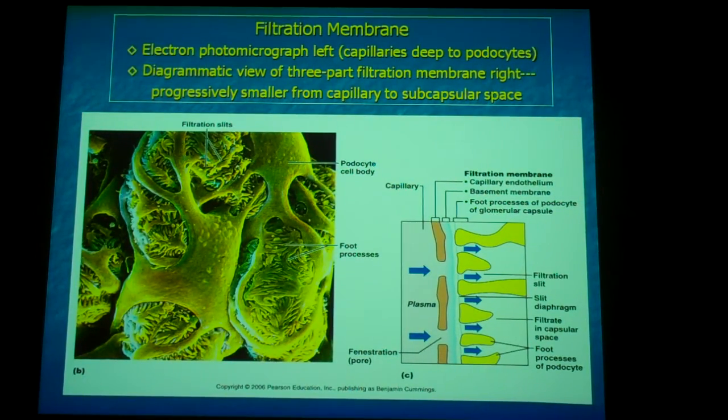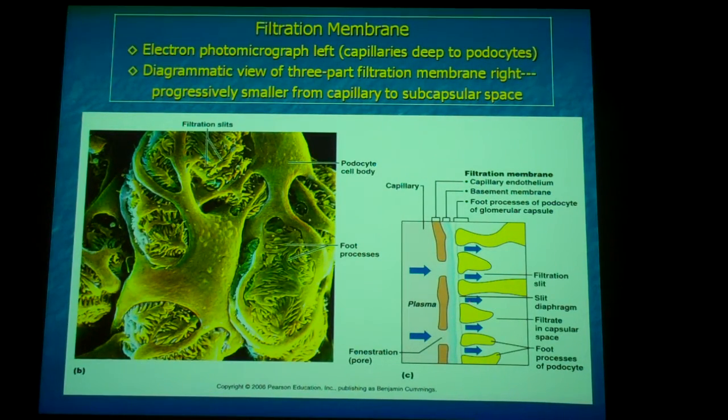Now, if we drew a diagram of this, this is what it would look like over here. This is the filtration membrane, diagrammatically represented. So, here's the capillary. Here's a fenestration. Here's another fenestration. Here is the basement membrane of the capillary.